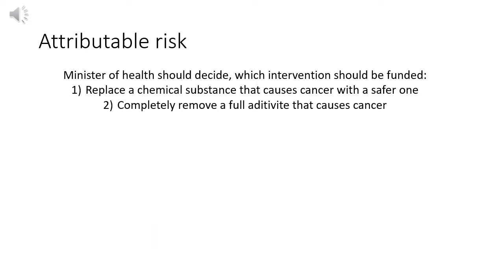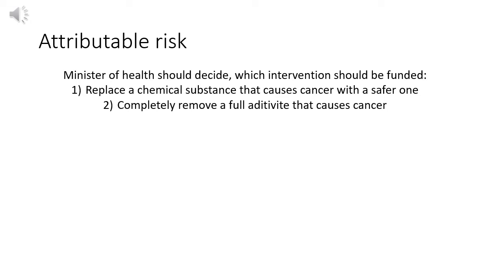Let's talk more about measures which will tell us about the potential impact of exposures on public health. One such measure is attributable risk. Imagine this scenario. The Ministry of Health should decide which of the following 2 interventions should be funded.